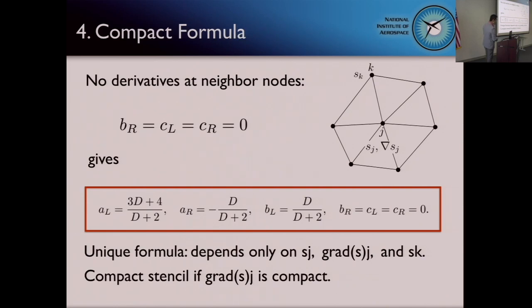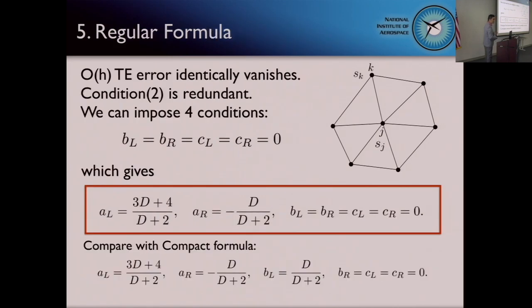This is a very special formula because it has a close connection to the formula on a regular mesh. On a regular mesh, like I said, the first order error vanishes identically, so one condition is redundant. We can ask for no derivative condition, only Sj and Sk, and we find this solution here.